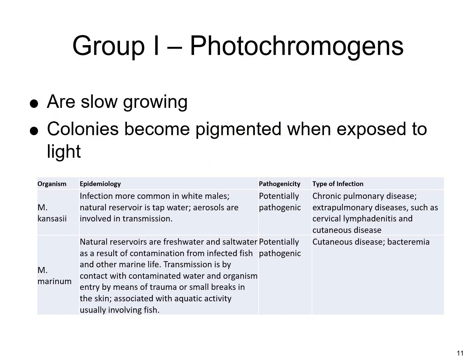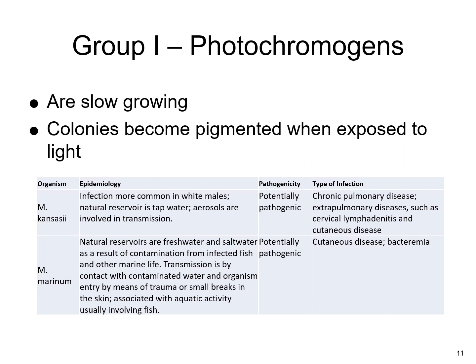Now keep in mind that there are many Mycobacterium outside of the ones that we cover, but we're going to cover the ones that are most likely seen in some sort of clinical specimen or infection. And so with Mycobacterium kansasii, this is in group 1.